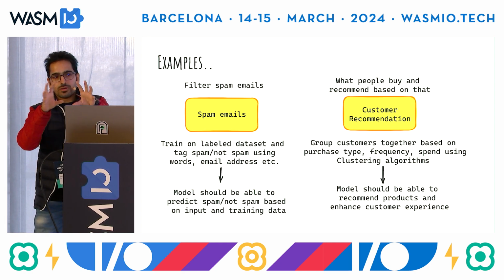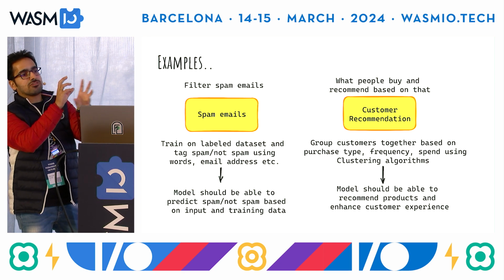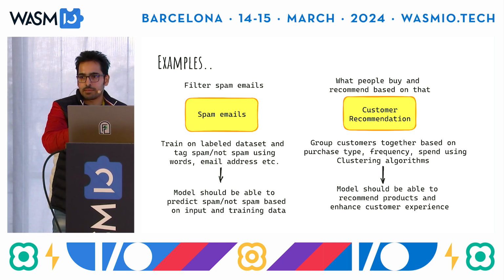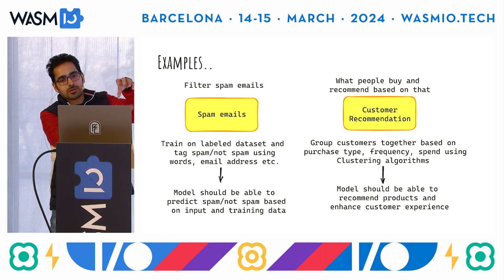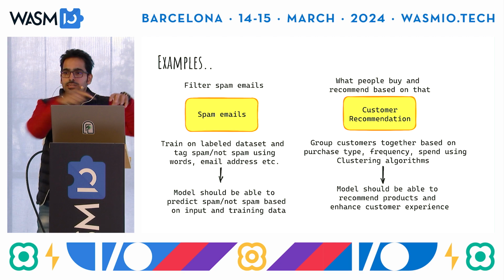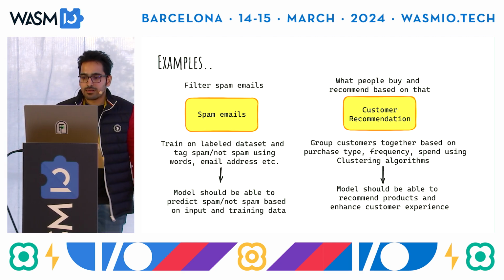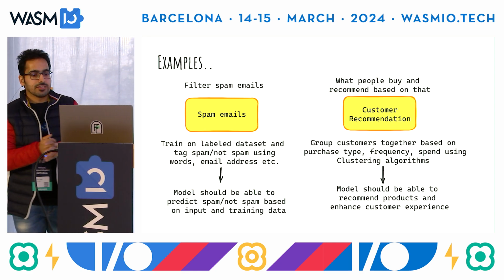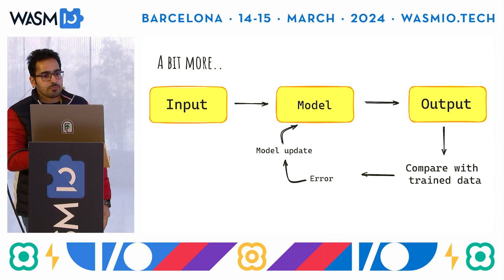Based on that, you can cluster some of the customers together and then recommend to each other their set of purchases, or run targeted marketing campaigns on a specific set of users who buy particular products in a particular range. So the model should be able to predict, recommend products, and enhance the experience of the customers. That's unsupervised learning.